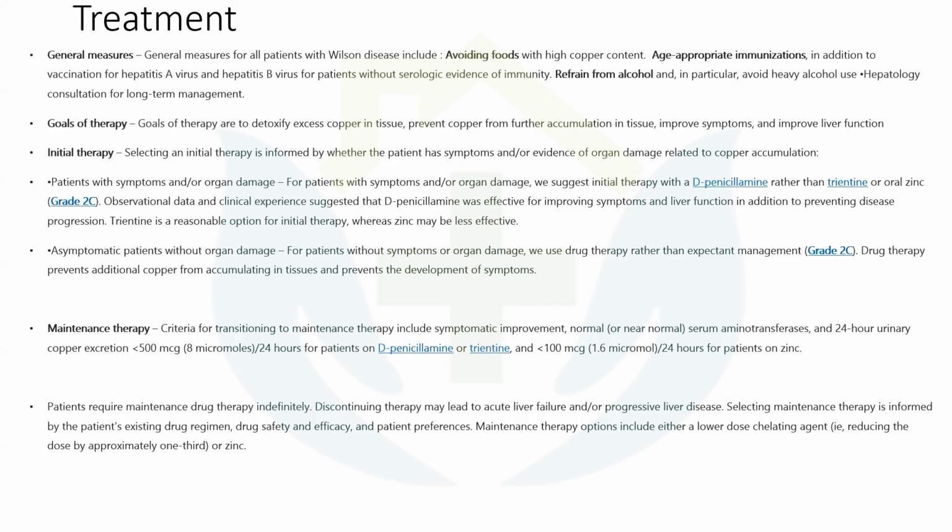For maintenance therapy, we follow the symptom improvement, the liver enzymes and the 24-hour urinary copper excretion. So copper excretion, liver enzymes and symptoms have to be monitored, especially when the patient is on D-penicillamine, trientine or zinc.